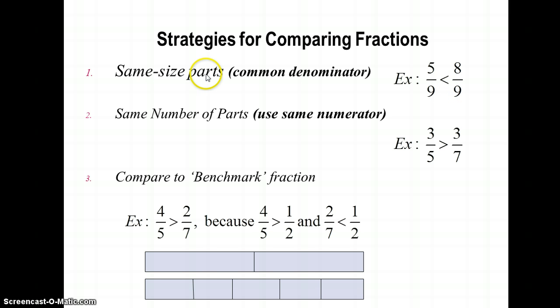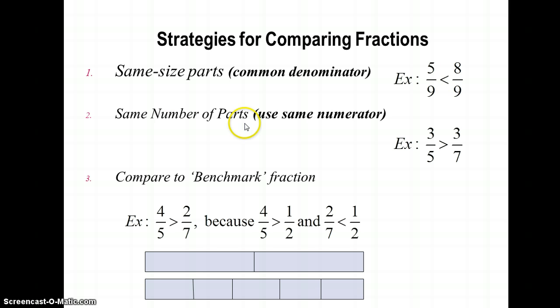So the parts are the same size, meaning the strip or whatever is divided into the same number of parts. So these are easy to compare because if you have ninths, like you do in here, then the numerator that's smaller is always the smaller fraction because there's only 5 ninths as compared here to 8 ninths.